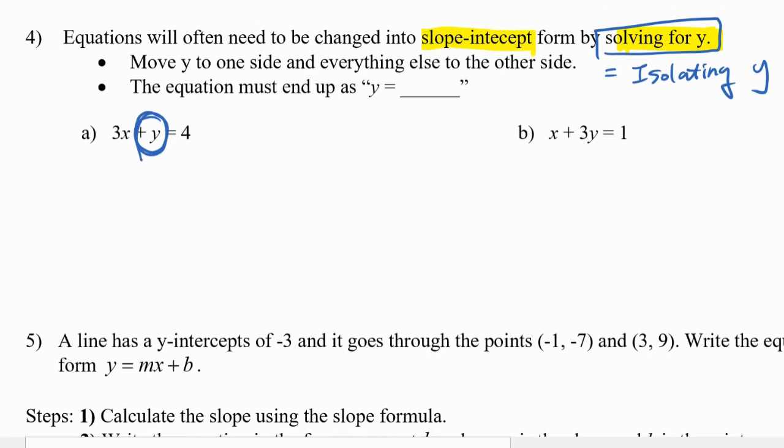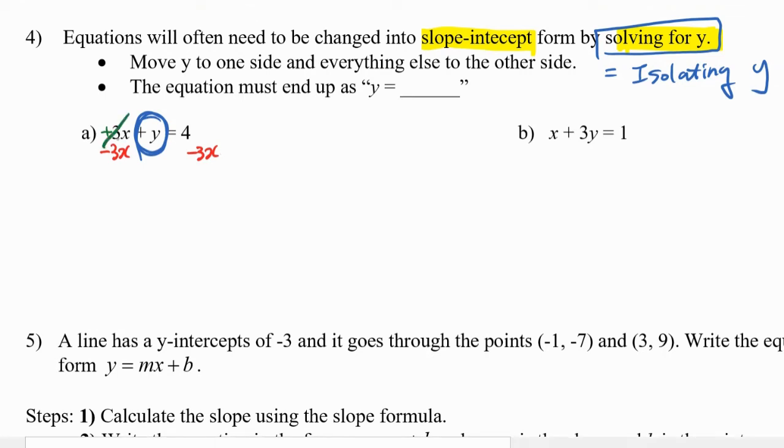To isolate y, we have to get rid of 3x. What's the sign of 3x? That is positive. So we have to get rid of positive 3x. What's the opposite of positive 3x? That is negative, minus 3x. So we're going to subtract 3x from both sides.